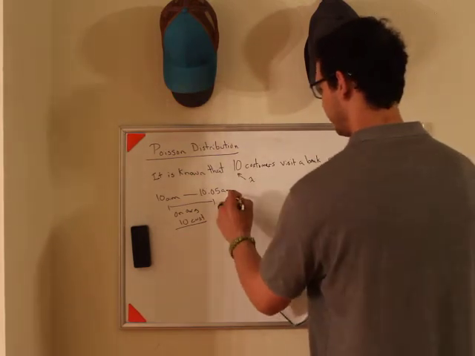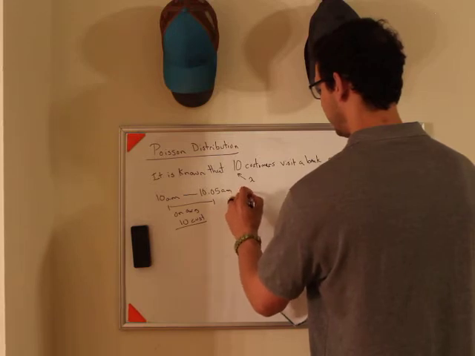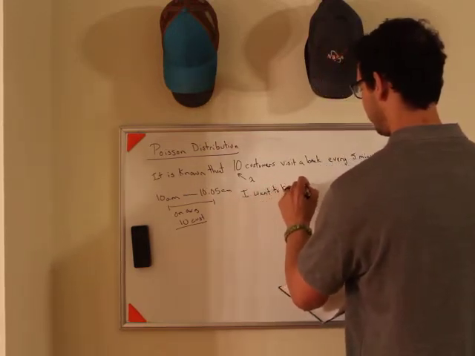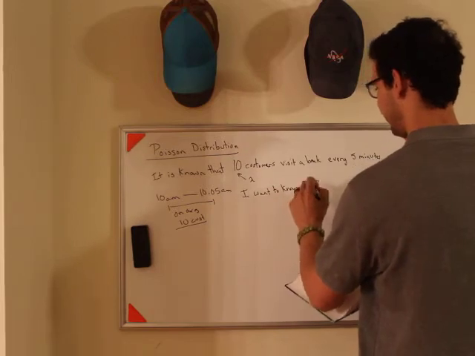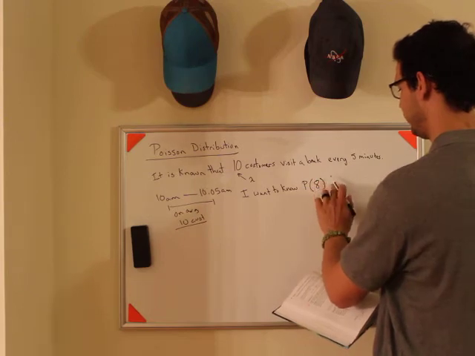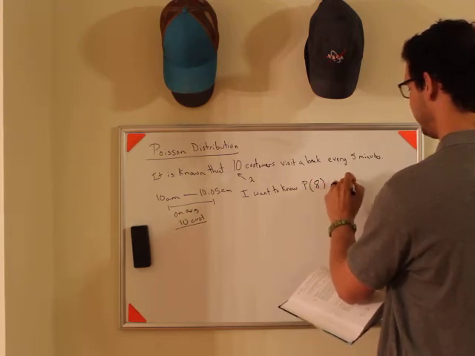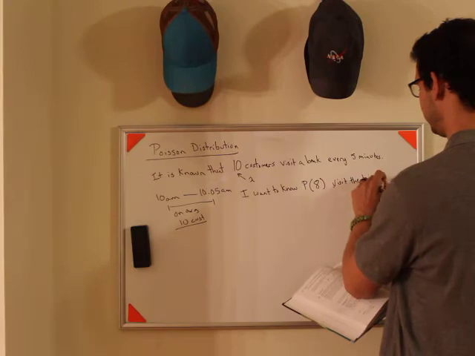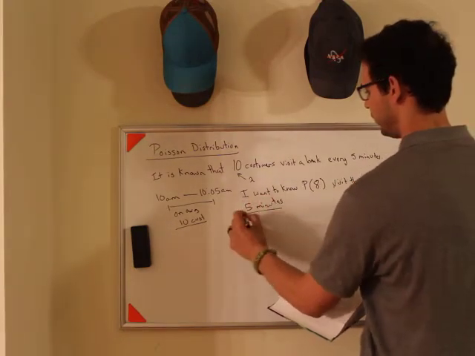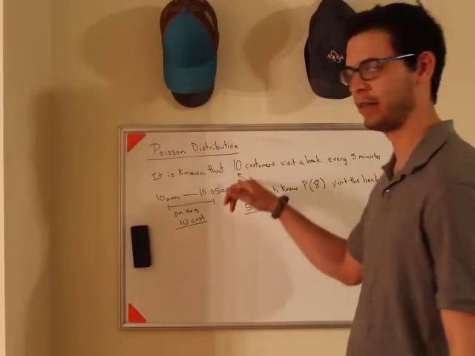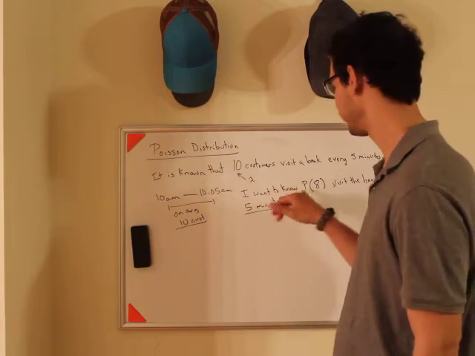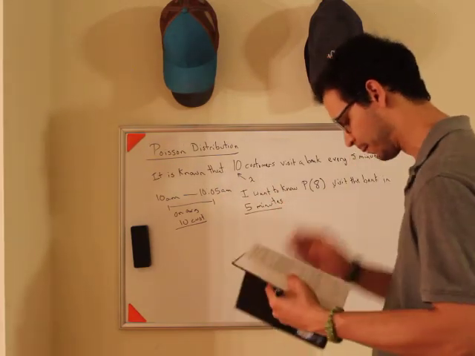And what if I want to know the probability that 8 customers will visit the bank in 5 minutes? I know that on average 10 customers will go in there. That's the expected value, that's lambda. But what's the probability that 8 customers will go through?